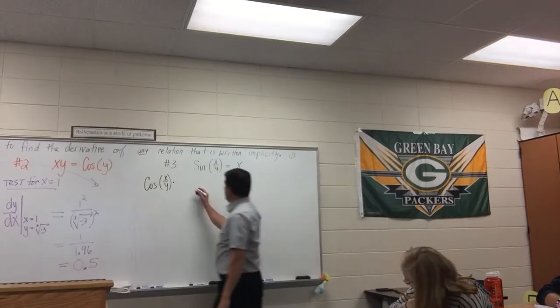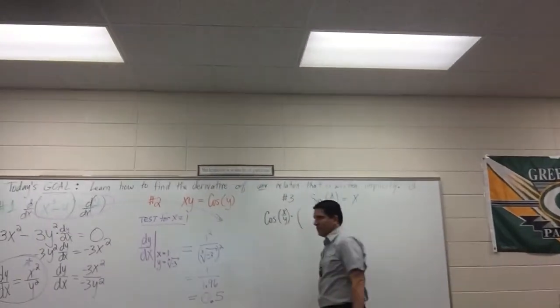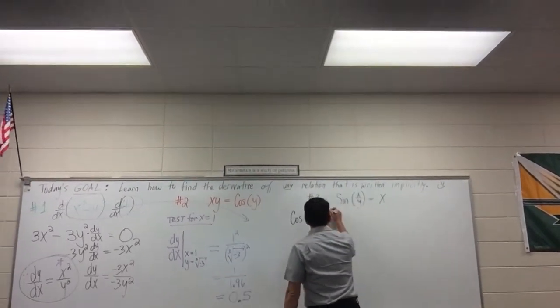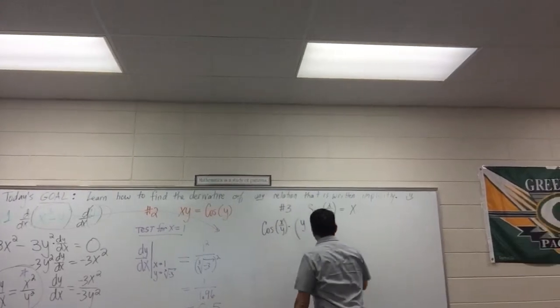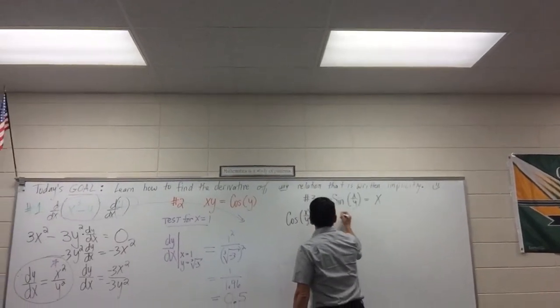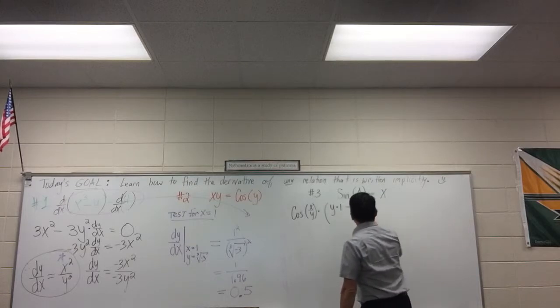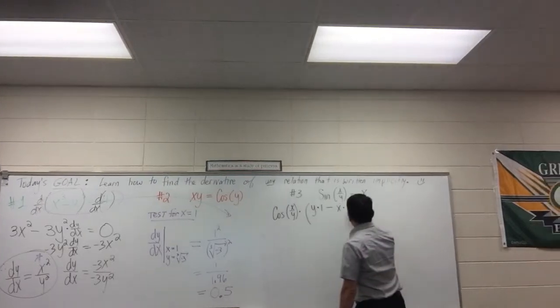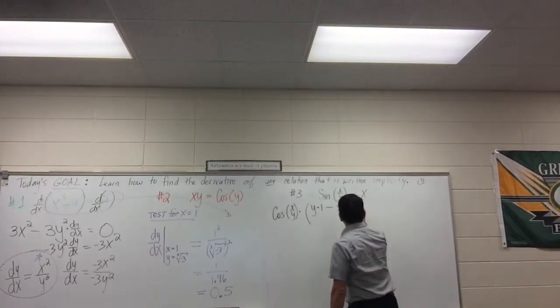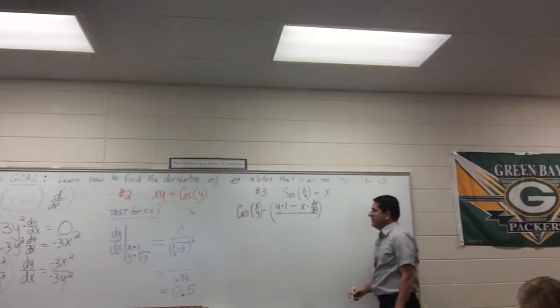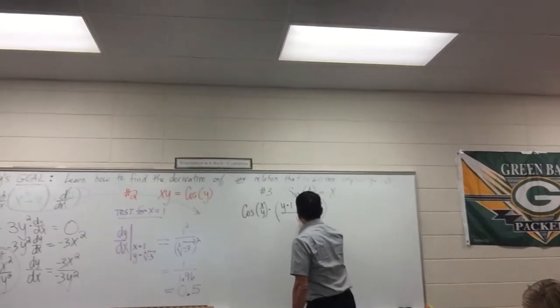So here we go. You know the quotient rule by heart, don't you now? Bottom times the derivative of the top minus the top times the derivative of the bottom, all over the bottom squared.